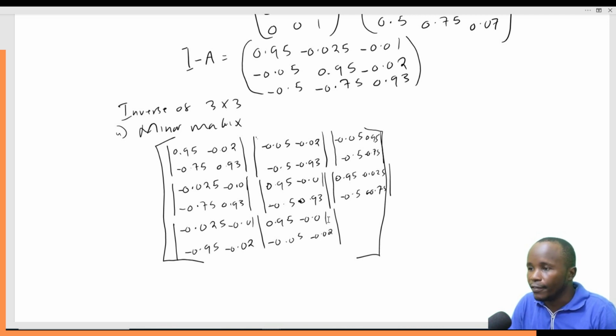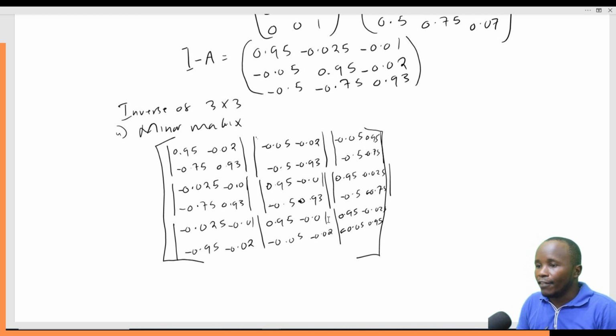Finally, we have that row, that column, 0.95, negative 0.025. We have negative 0.05 and 0.95. So we have obtained the minor matrix.